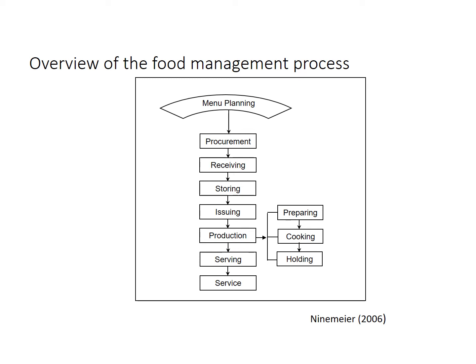And within the production area, you have the preparation, cooking, and holding of the foods, and all this needs to be done in the most efficient and effective way, to the highest quality and standards, and also meeting health and safety regulations, and ensuring that there's no cross contamination, and therefore making sure that you comply with the legislation as well as meeting standards.